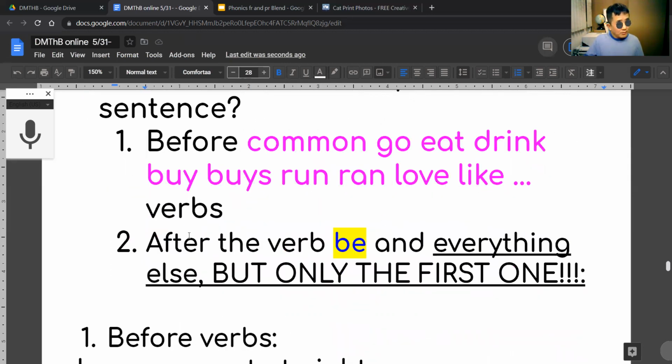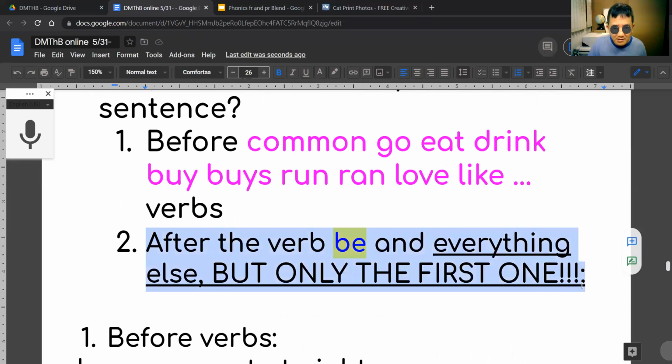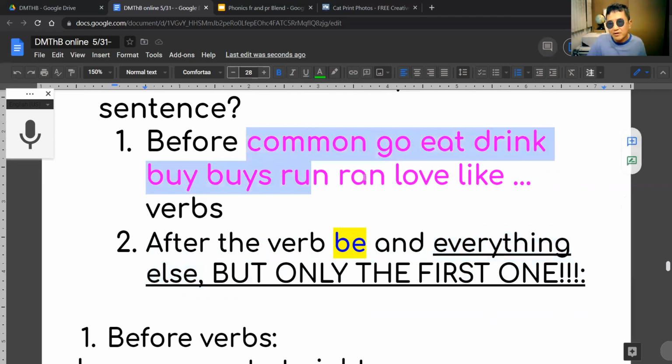But what is the second rule? The second rule says you put the adverbs of frequency after the be verb and everything else. Well, what is everything else? Everything else means everything that is not a common verb.